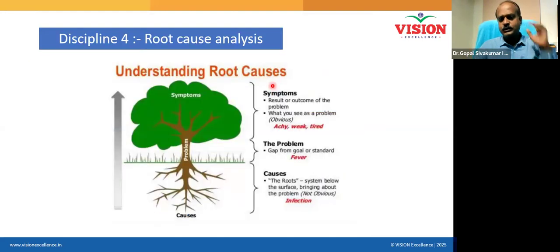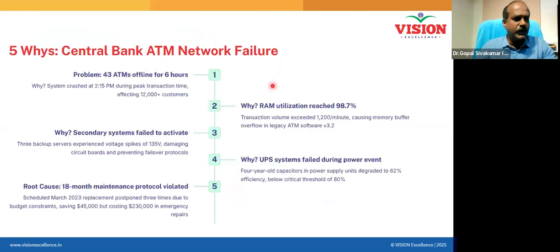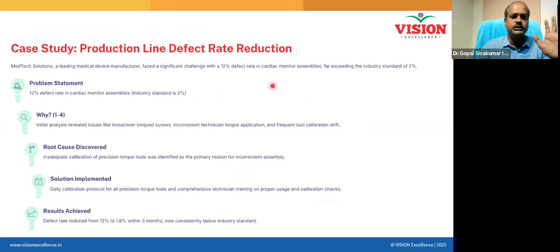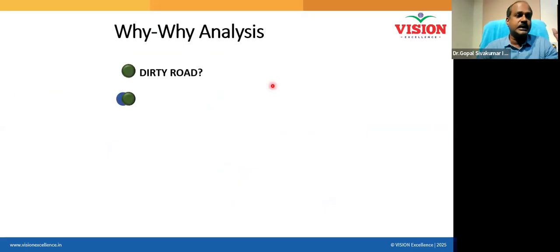Good. Okay, so we know all this brainstorming and then the why-why analysis. These are simple tools. In fact, we discussed them yesterday. We again revisited them purposely to develop a deeper understanding, right?